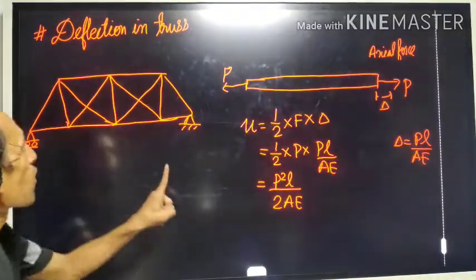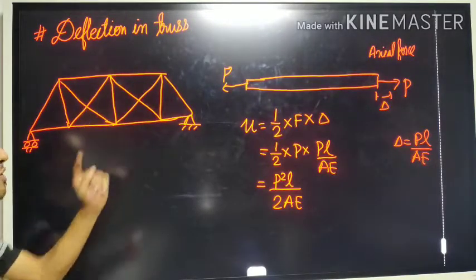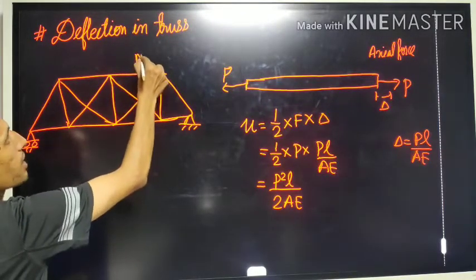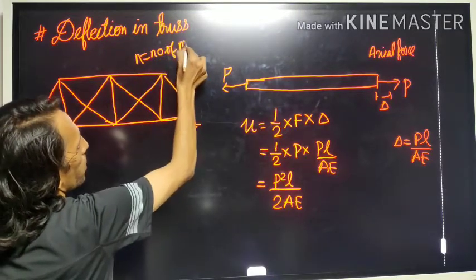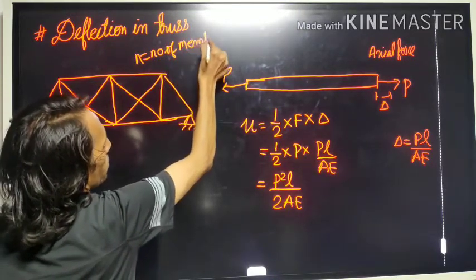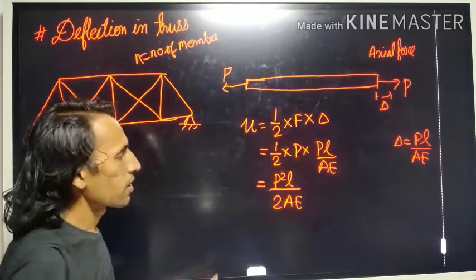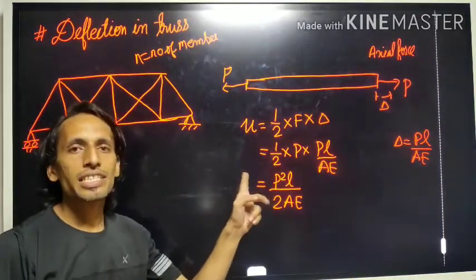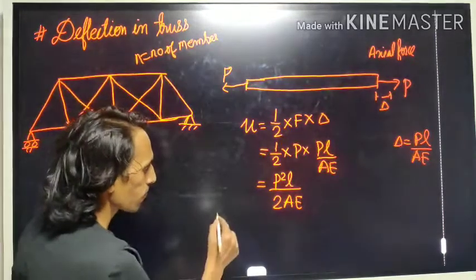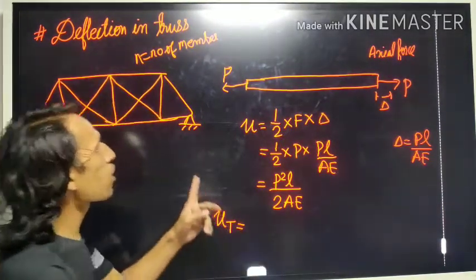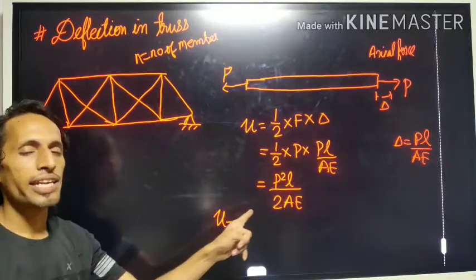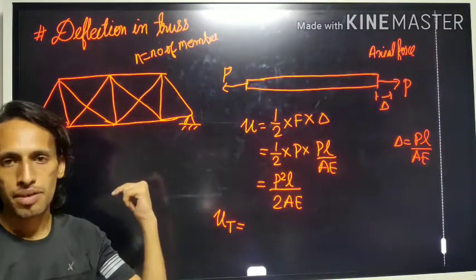Now let us say this is a truss which has n number of members. So the strain energy in the whole truss will be the summation of the strain energy in every member.